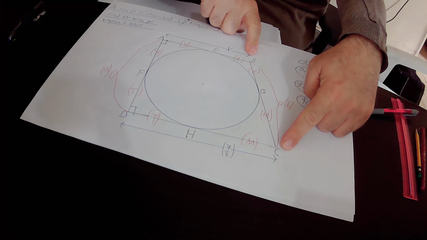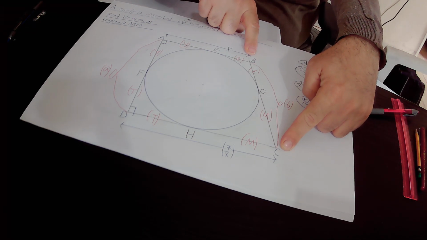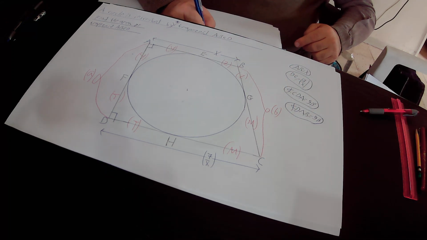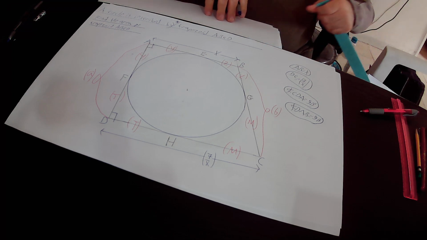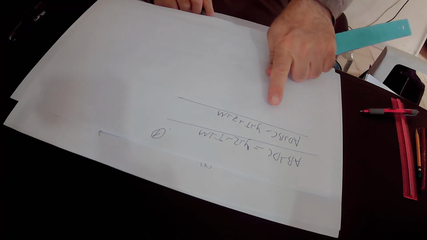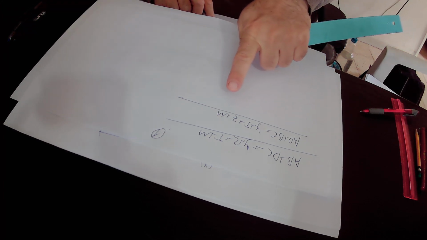BC equals Z plus M. So in total we found out that AD plus BC equals Y plus T plus Z plus M.